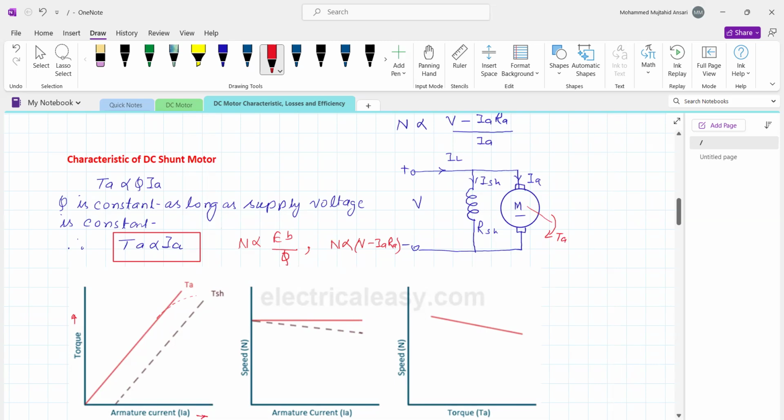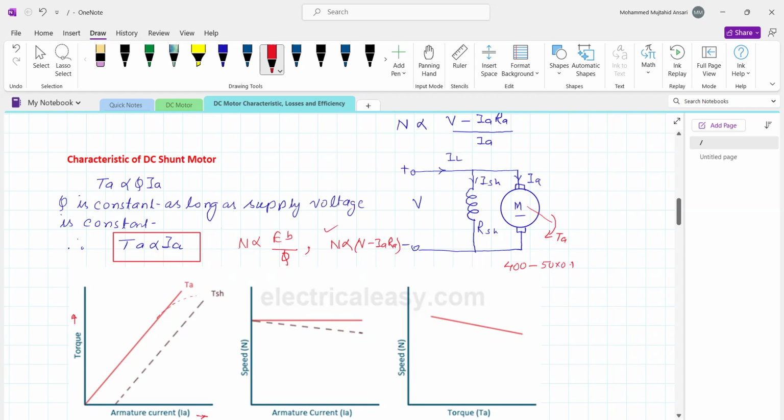Now speed. When the flux is constant, speed is directly proportional to the back EMF, where the back EMF is V minus IaRa and the armature resistance is very small. For example, supply voltage is 400 volt, armature current is 50 ampere and armature resistance is 0.1 ohm.